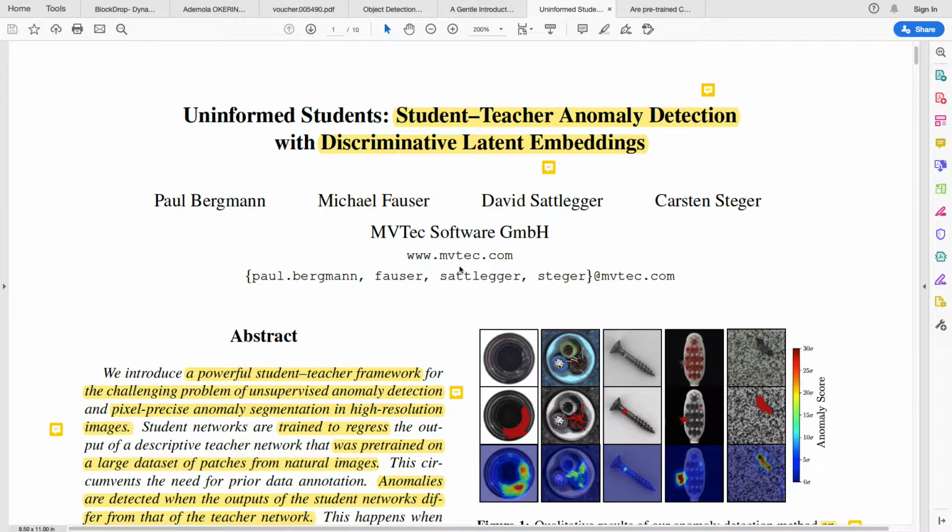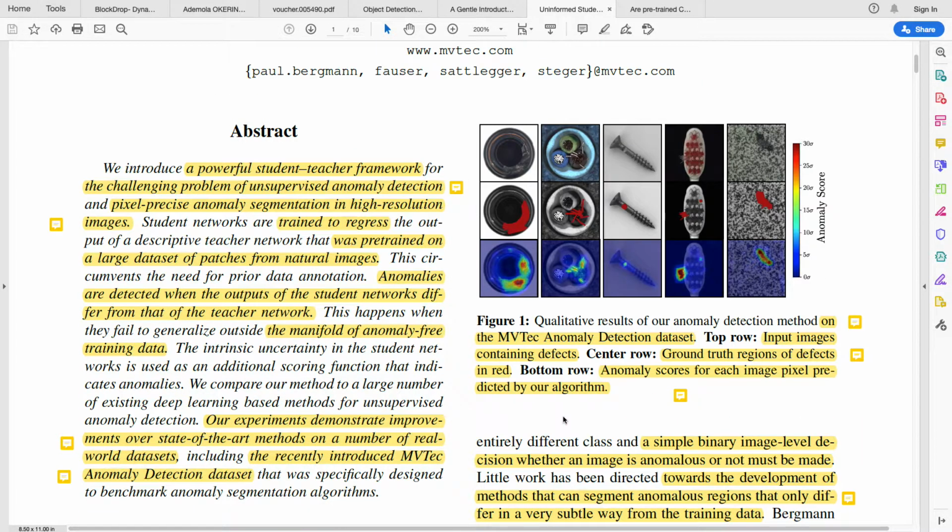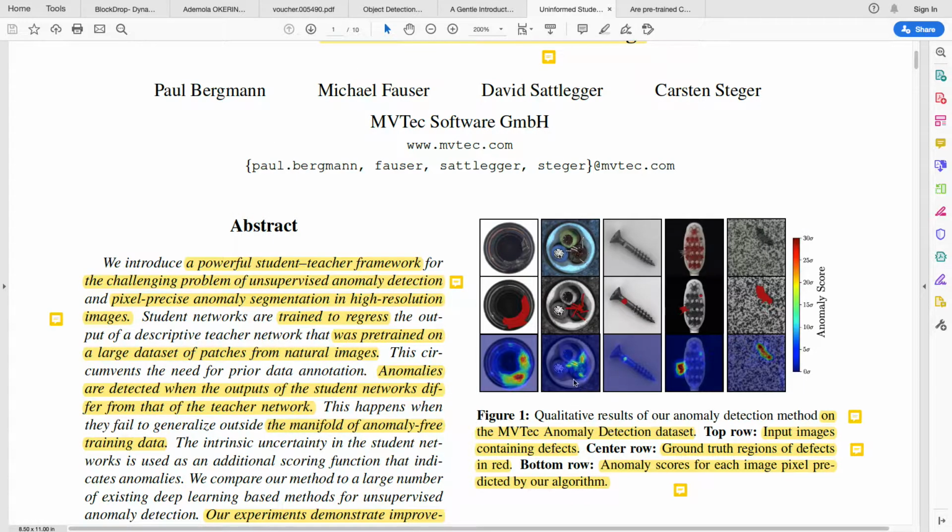So now the problem statement here is we have a data set. I always like to quickly see what is input, what is output. If you look at figure 1, on the top row is our data set, and this data set consists of different items. On the middle row is the ground truth.